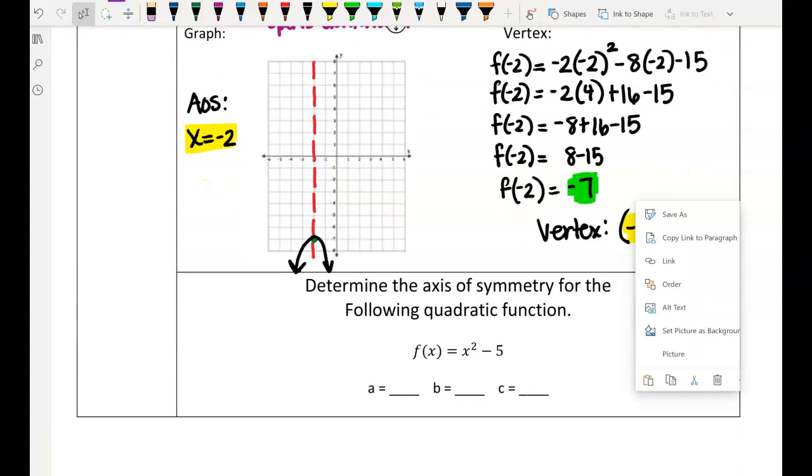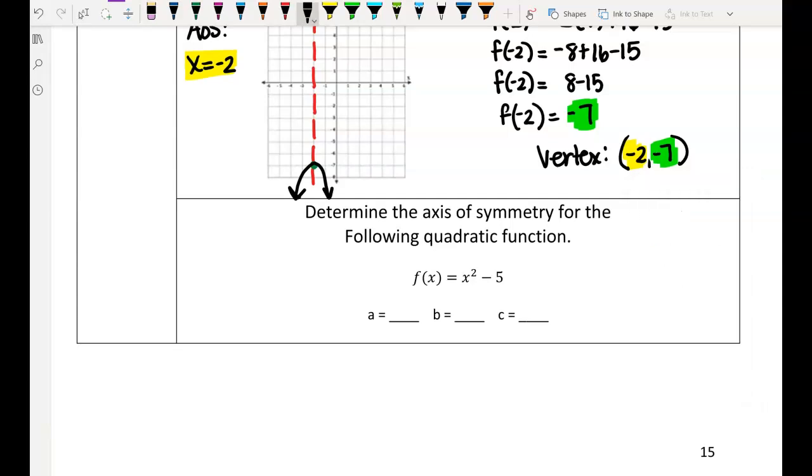All right, the last one here, determine the axis of symmetry for the following quadratic function. f of x equals x squared minus 5. That is the same thing as saying f of x equals x squared plus 0x minus 5. If there's no b term, that means that b had to have a value of 0, because anything times 0 is 0.